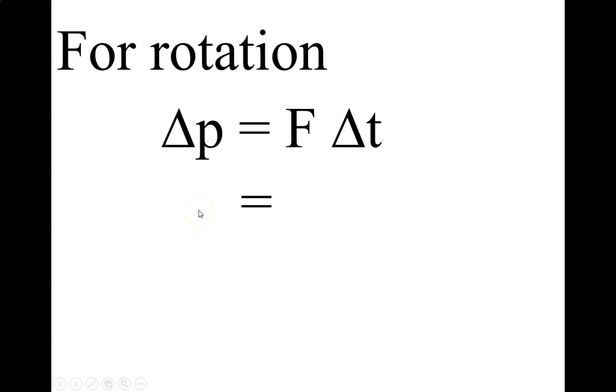The L, so delta L. And instead of talking about forces, what force causes rotation? That is torque, and then delta T. So just the analogous, change in momentum equals force times time, and change in rotational momentum equals torque times time.